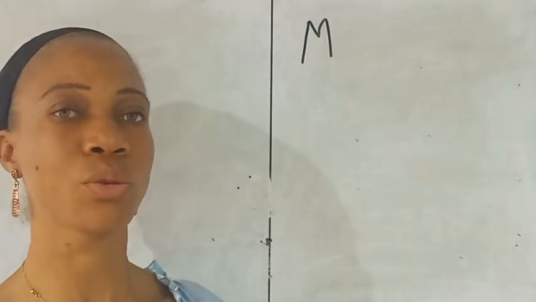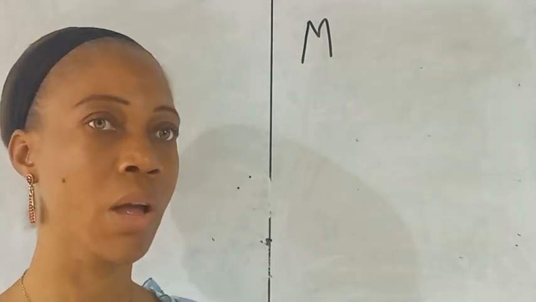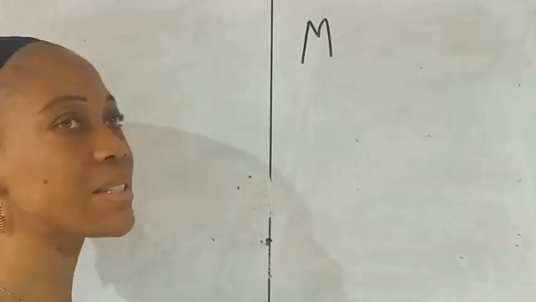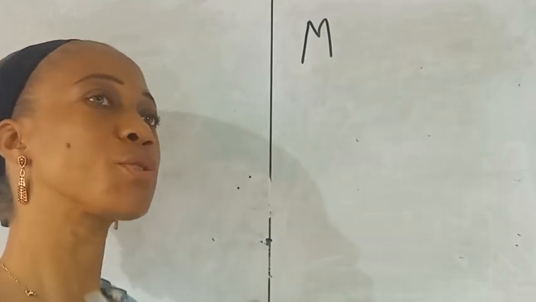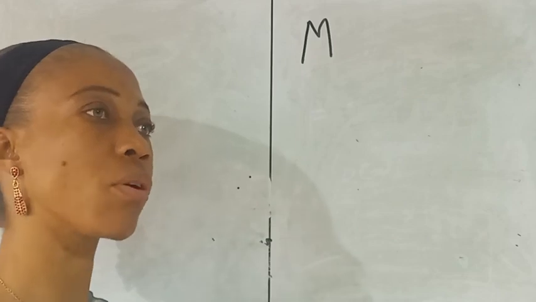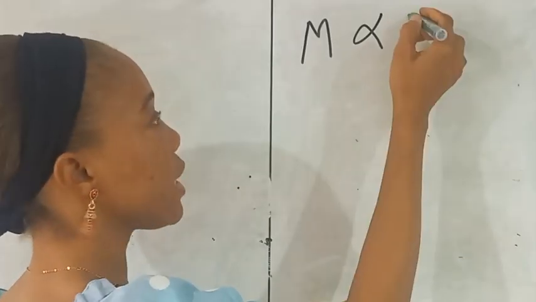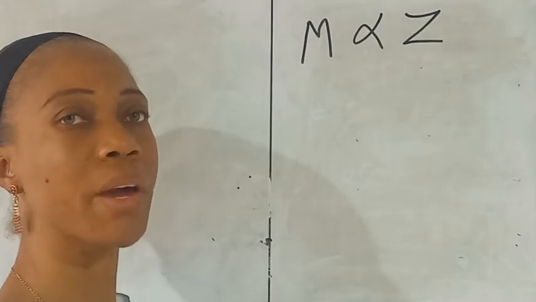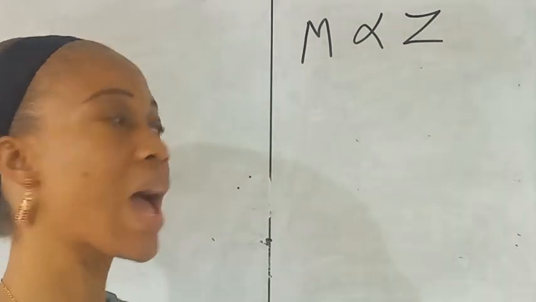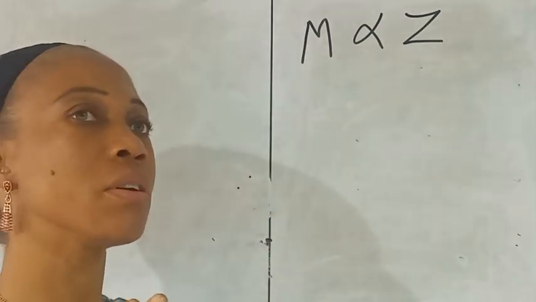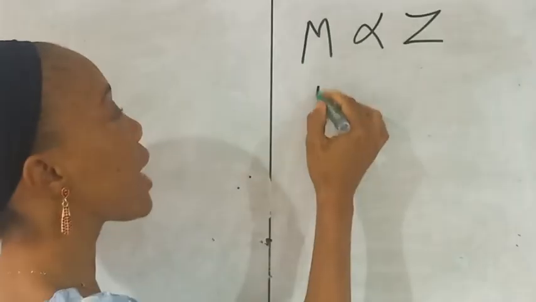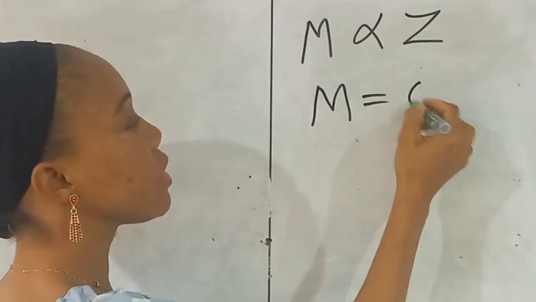There are things you need to note in the second law. In the second law, the masses of different substances, you are comparing masses now, is directly proportional to the electrochemical equivalent of the substance. And in the second case, the constant is Q.